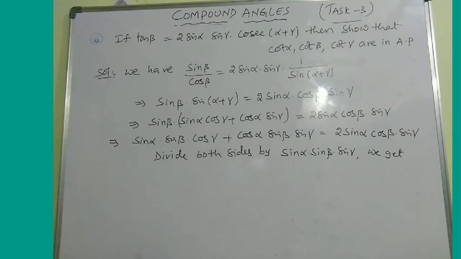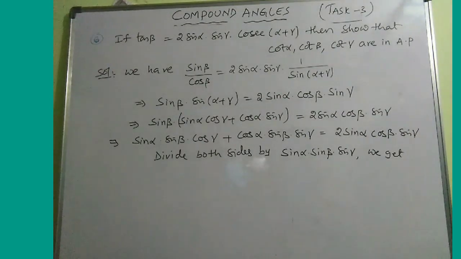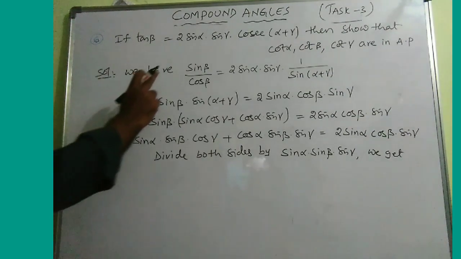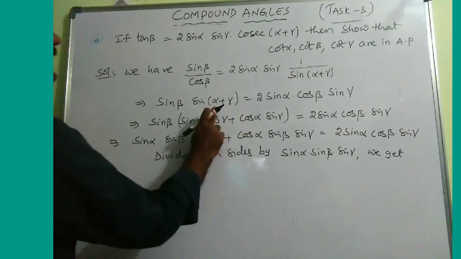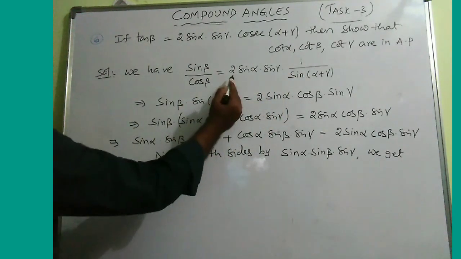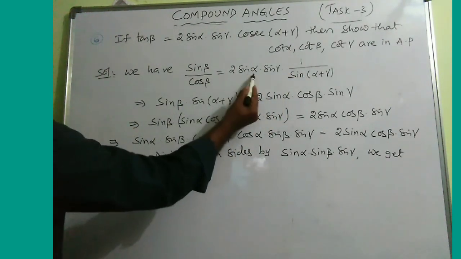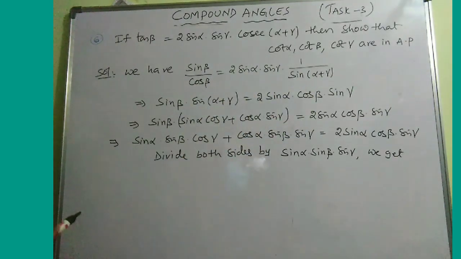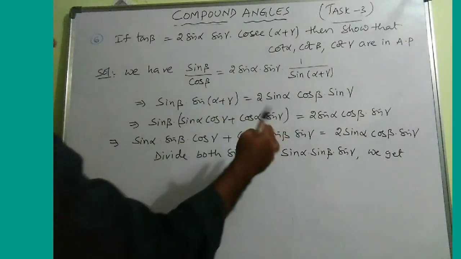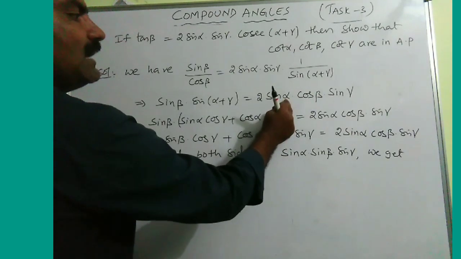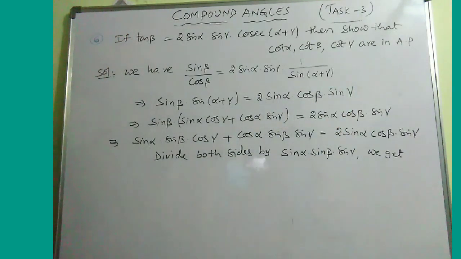Now just go for cross multiplication. That is sin beta into sin of alpha plus gamma is equal to 2 sin alpha into cos beta into sin gamma. My intention is always to write in the order alpha, beta, gamma. Okay.